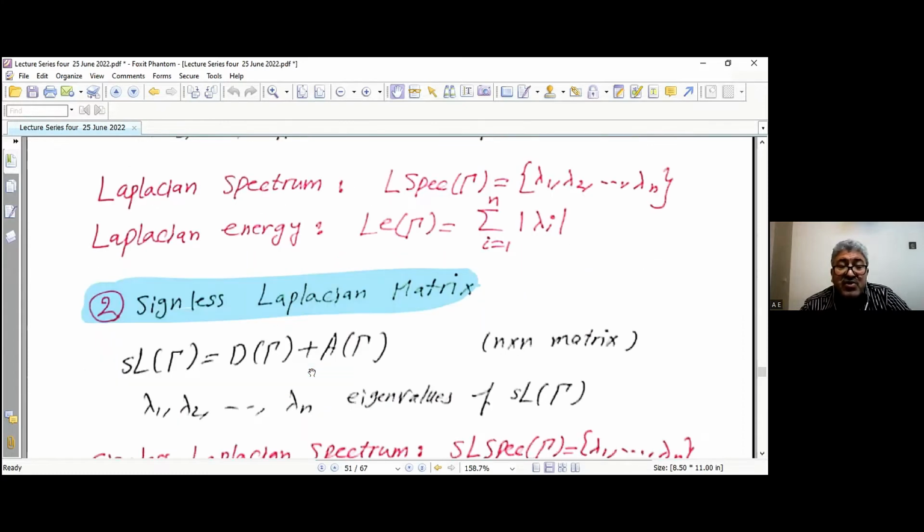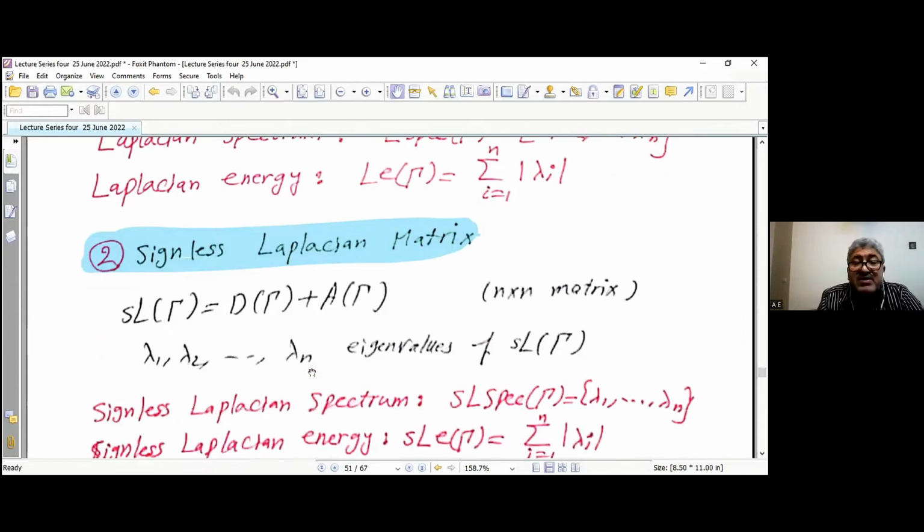Similarly, the signless Laplacian matrix is the sum of the degree matrix and the adjacency matrix, and again it is an n times n matrix. We also have n real eigenvalues for the signless Laplacian matrix.